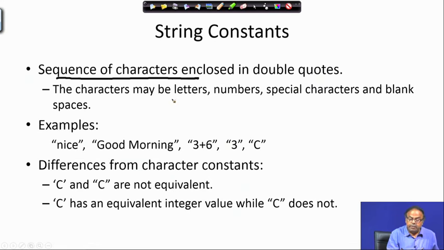The characters within the double quotes may be letters, numbers, special characters, blank spaces, like that. For example, "nice", "good morning", there is a blank here. Now, what will happen with this? When I put this as a string, do not think that it will be computed and printed as a 9. It is just a string that will be printed.